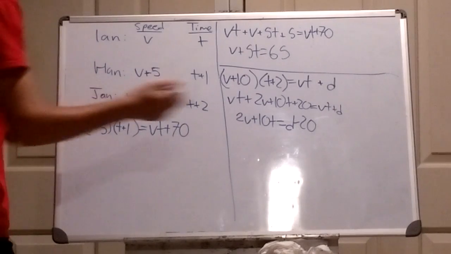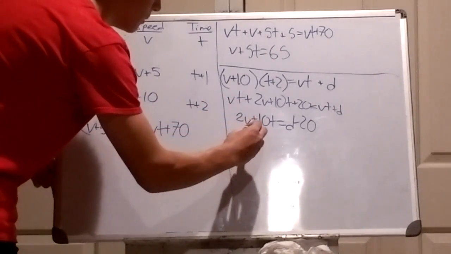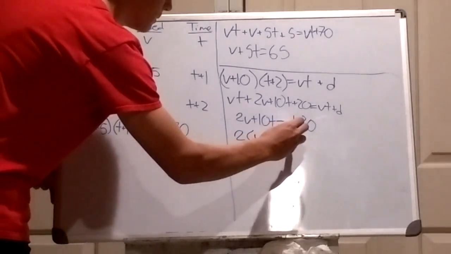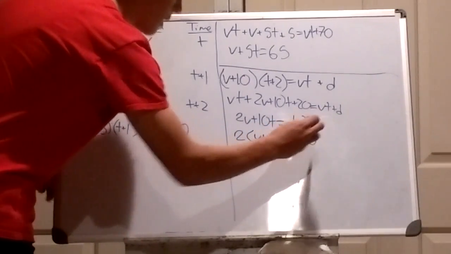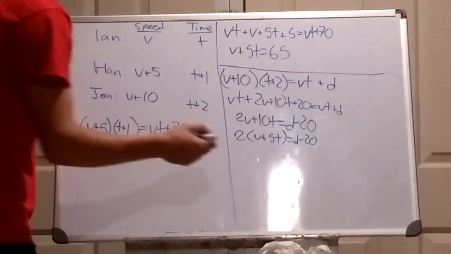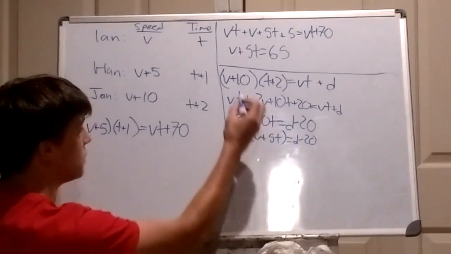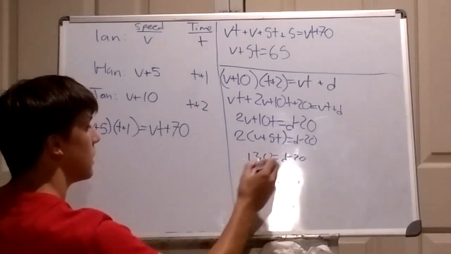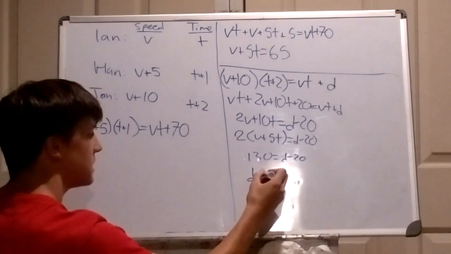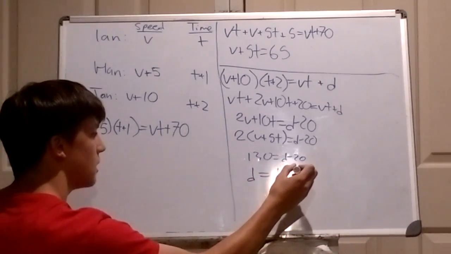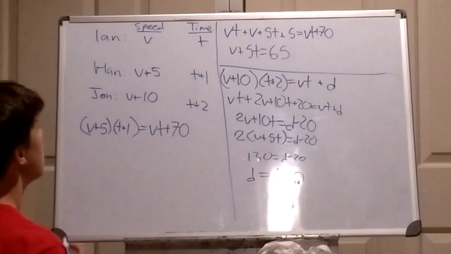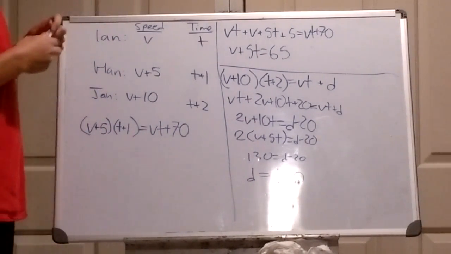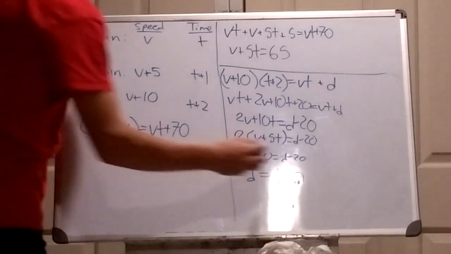We can factor out 2. So 2 times (v plus 5t) is equal to d minus 20. We already know what v plus 5t is. It's 65. So 2 times 65 is 130 equals d minus 20. And then we add 20 on both sides. d equals 150. Awesome. So the distance that Jan traveled more than Ian is 150 miles.